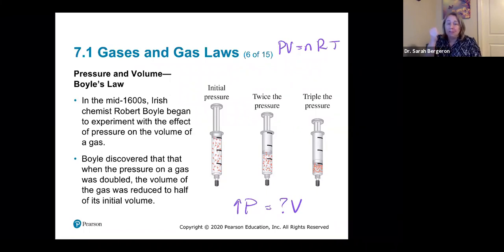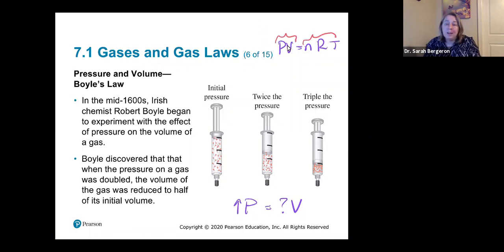Well, as I showed you, the more I push down, the more pressure I put on that syringe, the smaller the volume got in the syringe. But all of our problems aren't going to be about syringes. So if you remember anything that has to do with this, if we increase something on this side of the equation, then we're going to have to change something on the other side of the equation.